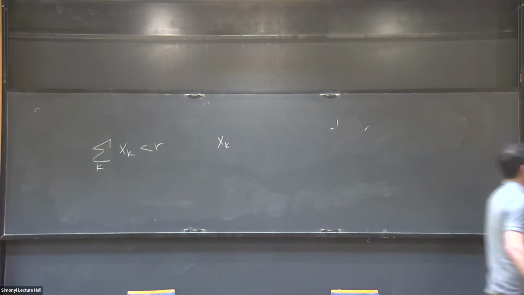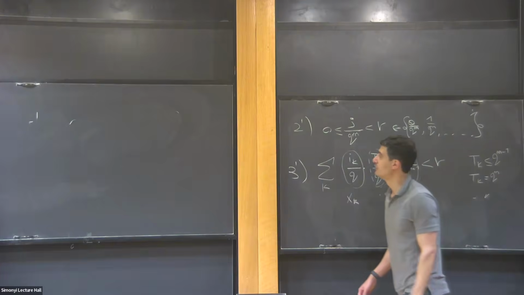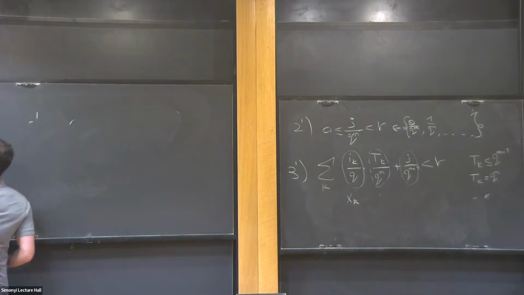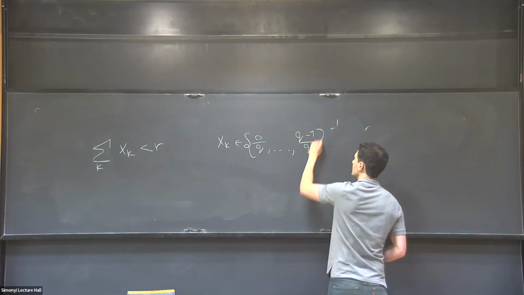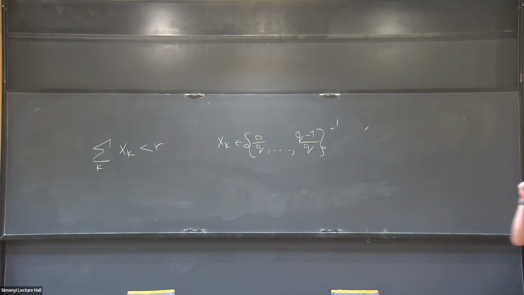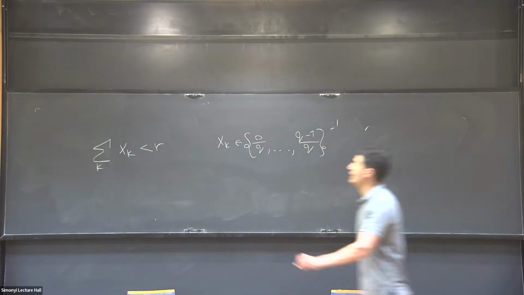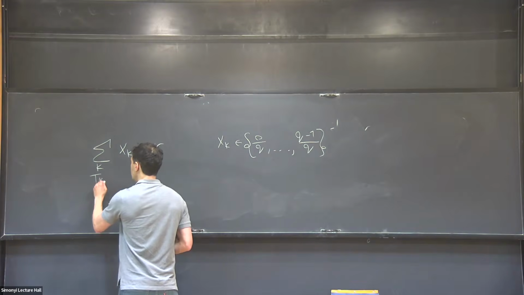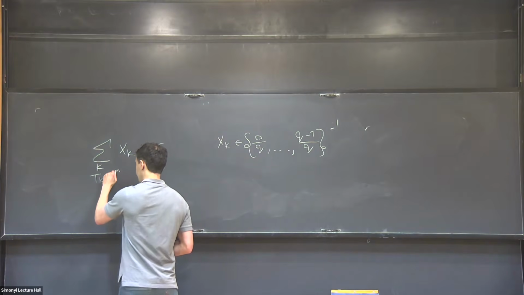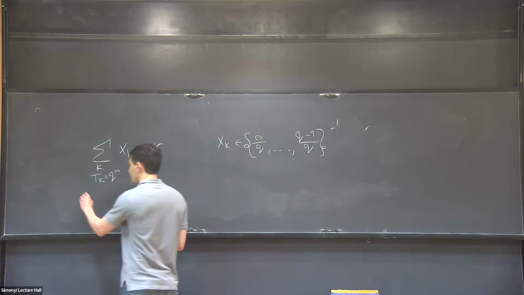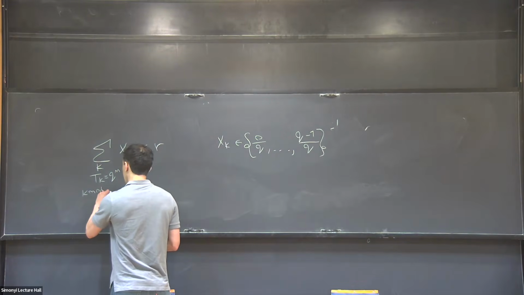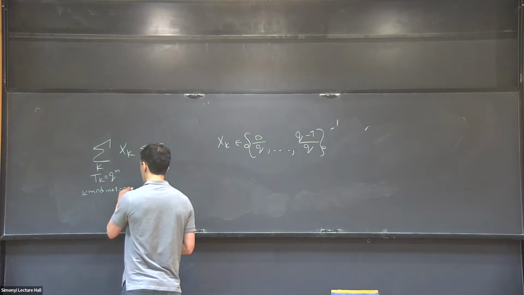Recall xk was ik over Q, so xk was in the set 0 over Q up to Q minus 1 over Q. And this is because I only considered the summation over K where Tk equals Q to the n. Only in this case. And I know exactly when it happens: when K mod n plus 1 equals either 0 or n.